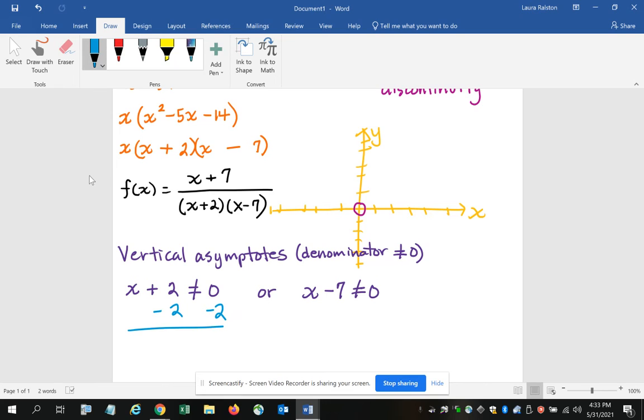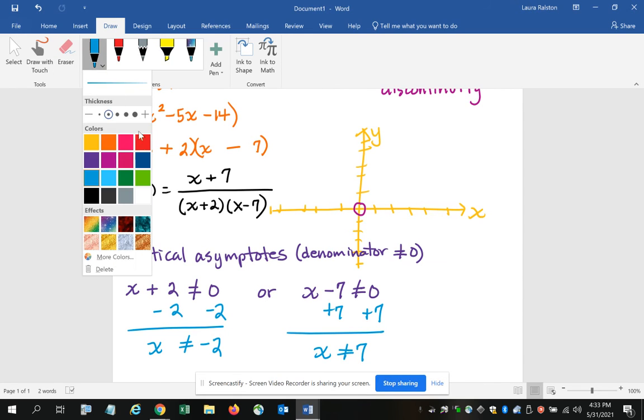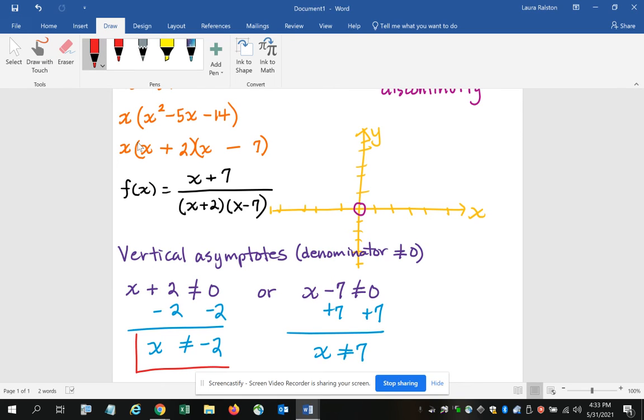Subtract 2. So you get x cannot be negative 2. And then solving the other one, I add 7 to either side. So x cannot be 7. These two, which are expressed as x equals, which is the form of the equation of a vertical line, create my vertical asymptotes.